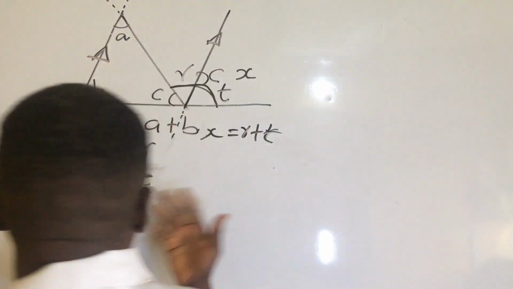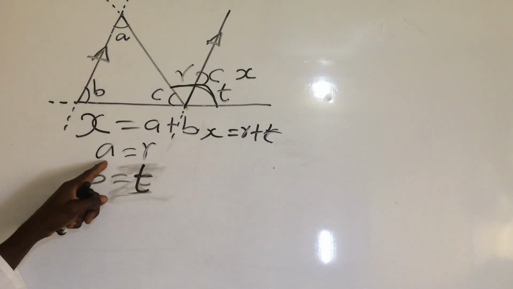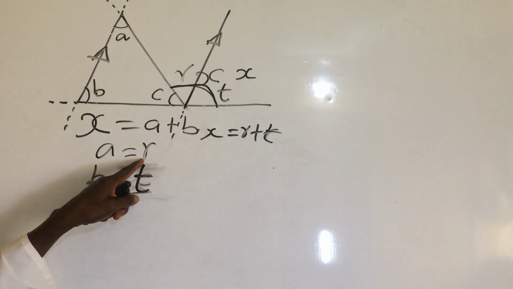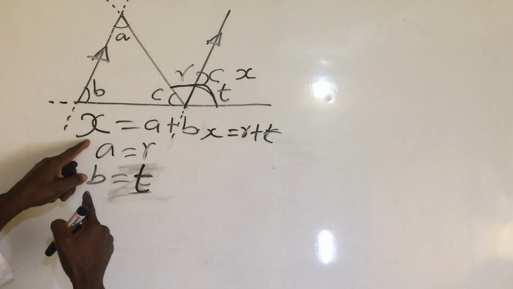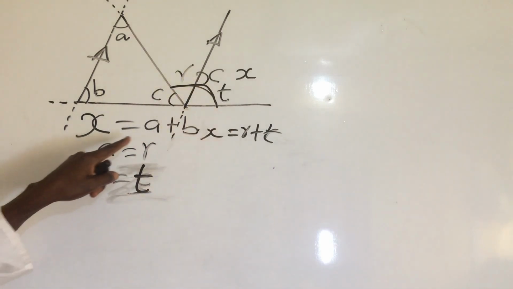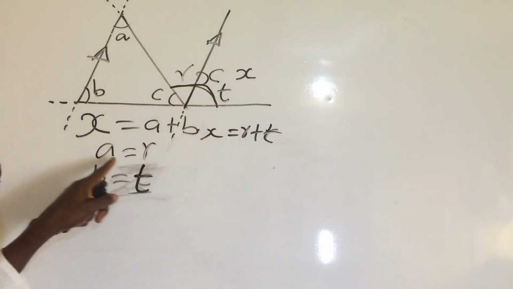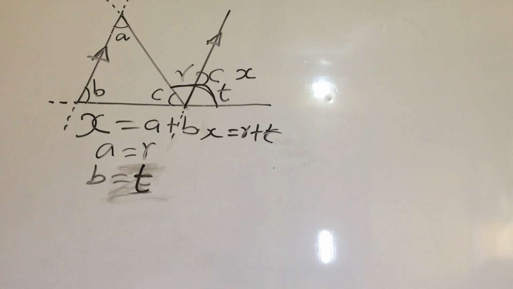So can you see how I have proved it? X, the total angle here, equals A plus B, which is this. So that's how to prove it.